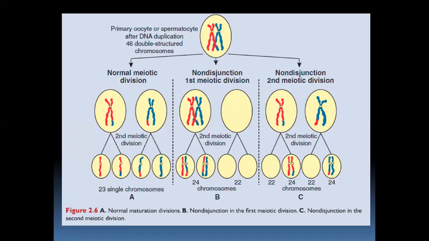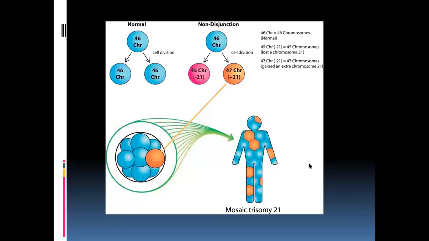Instead of 46, we'll have 47 chromosomes. If this cell is fertilizing with a sperm, then how many chromosomes will we get? We get only 45. Yes. So these are called non-disjunctions.